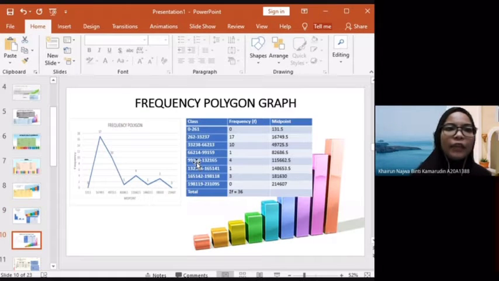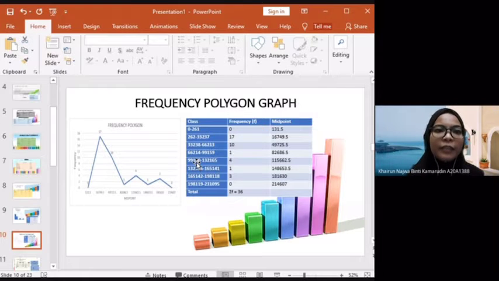Next is frequency polygon graph. Below show the table and graph that represent frequency polygon. A frequency polygon is a line graph that emphasizes the continuous change in frequencies. Graph above show the horizontal scale is the midpoint of a data value, while the vertical scale measures the frequency of the class.